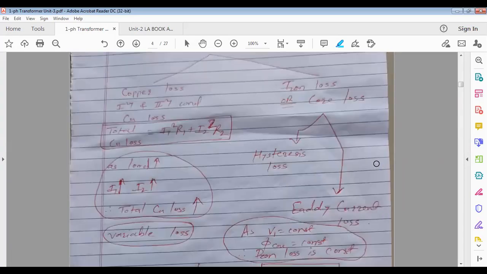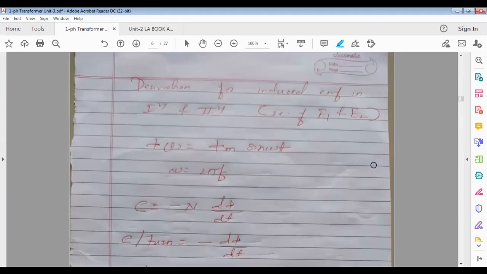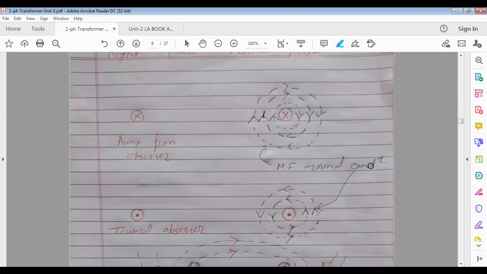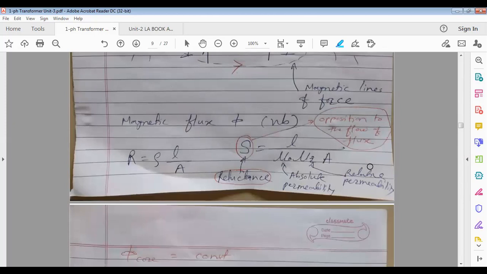For a conductor we have seen why we use a conductor for the flow of current: because its conductivity is very high, nothing but its resistance is very less. The formula of resistance we know, rho L by A. This is for metals and conductors.